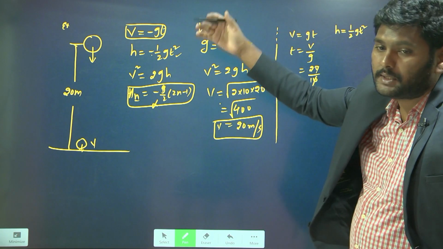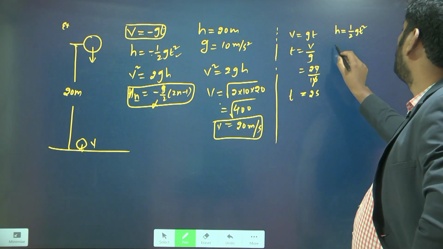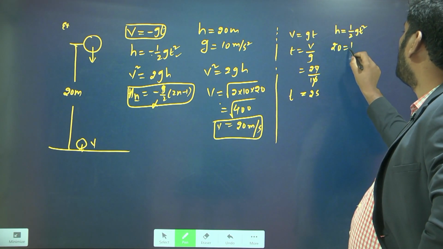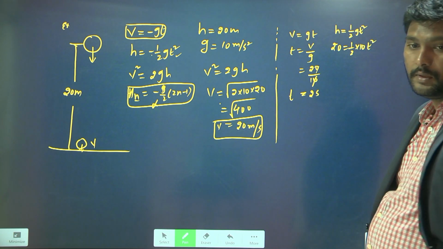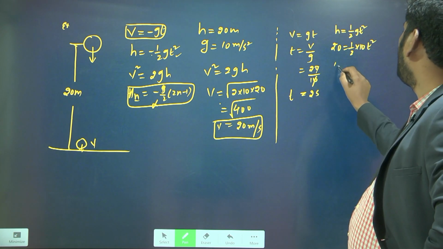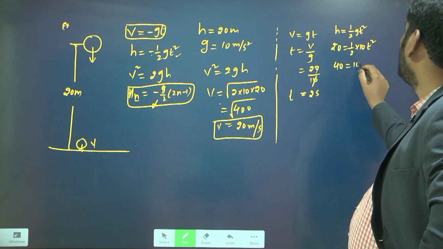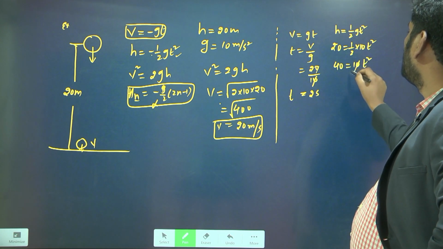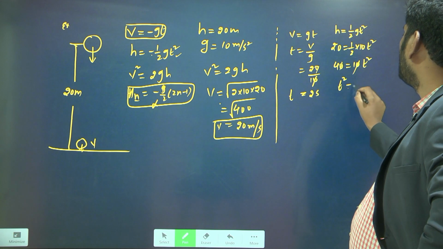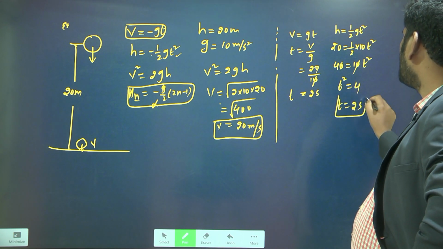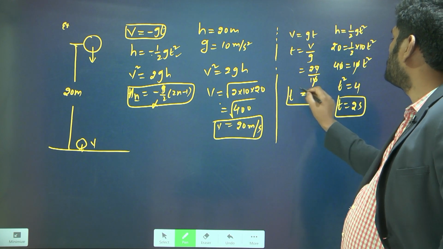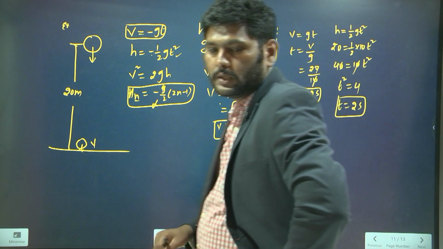How much height is travelled by the body? 20 is equal to half g value, you can take 10, t square. From here, 40 is equal to 10 into t square. So t square is equal to 4, t is equal to 2 seconds. This is a way you can find the same answer by using the two equations.